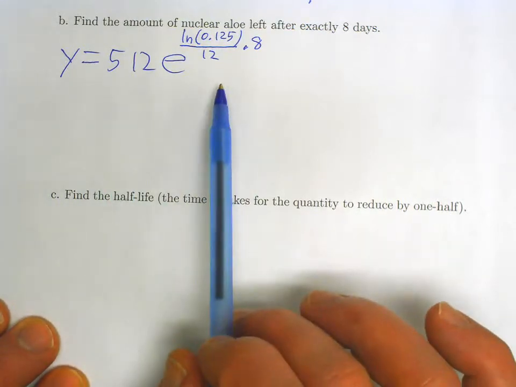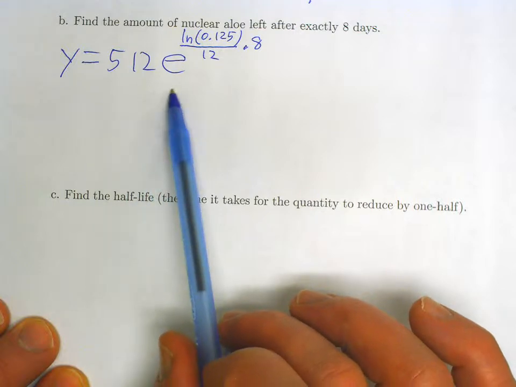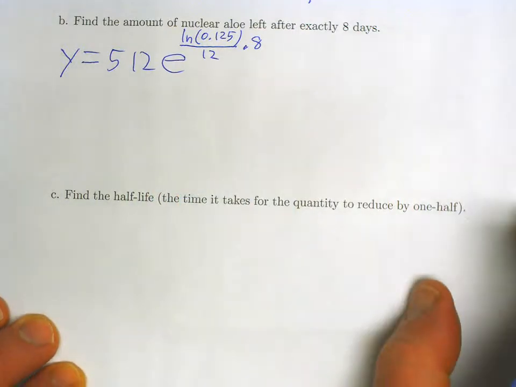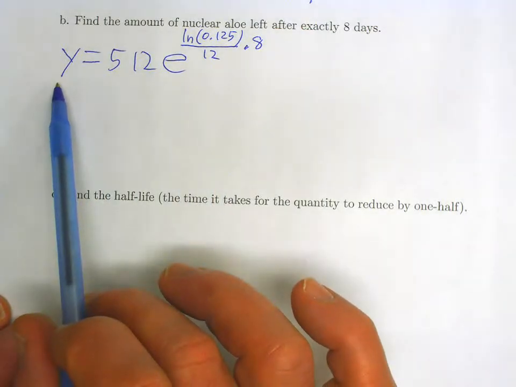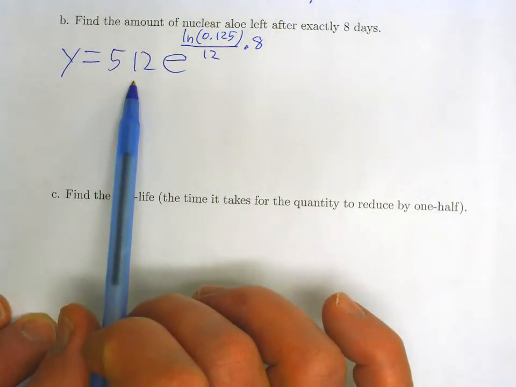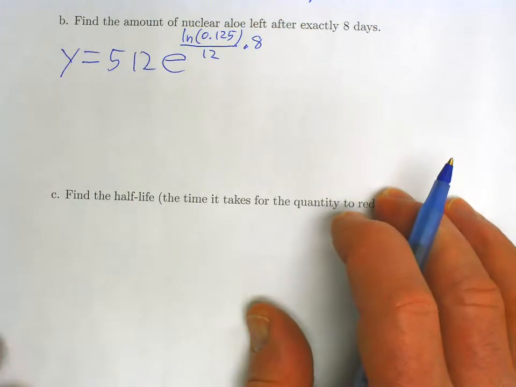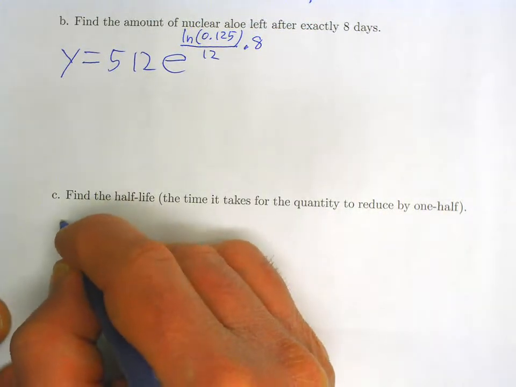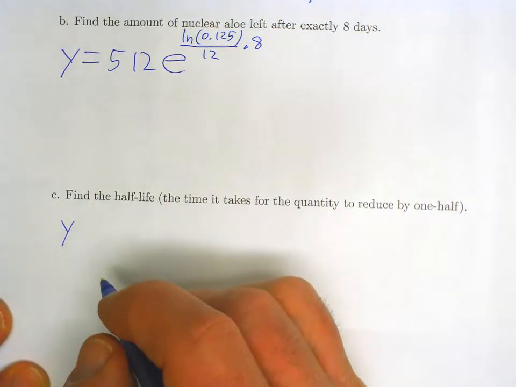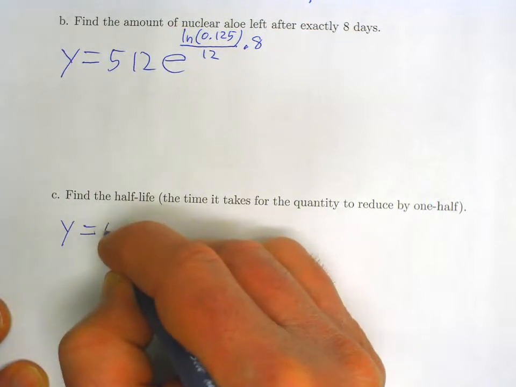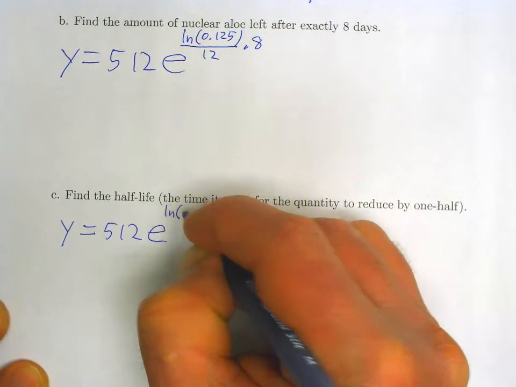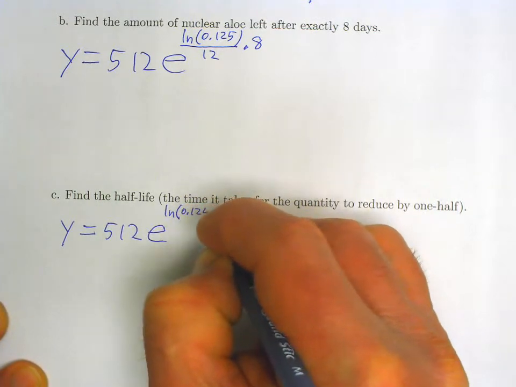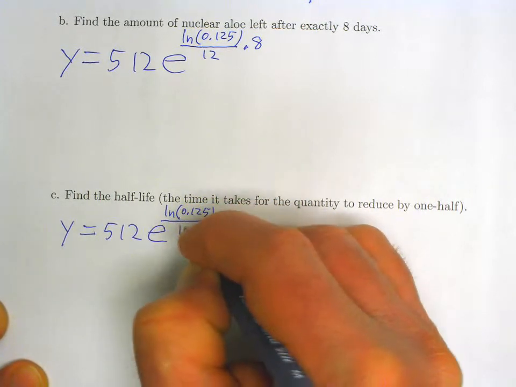And since we have exponential decay, it's only a matter of time until the quantity left is 1/2 of the original amount. I should write down the model again since it's out of sight. So y equals 512 times e to the natural log of 0.125 over 12 times t.